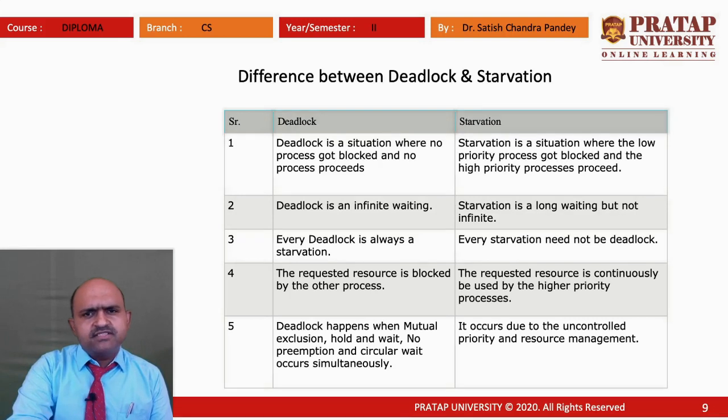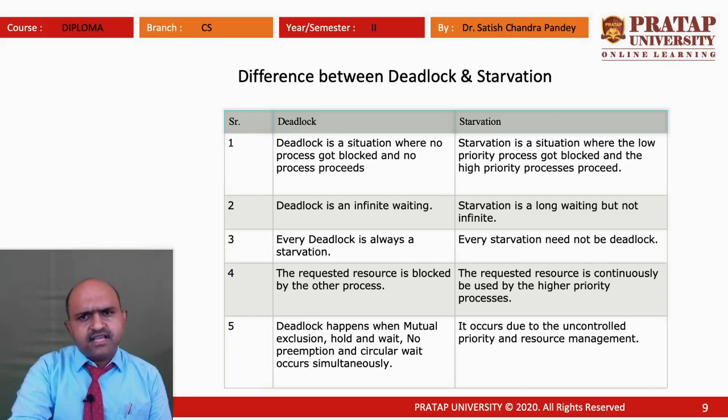What is the difference between deadlock and starvation? These are two words, but they have different meanings. Deadlock is a situation where no process proceeds and all are blocked.